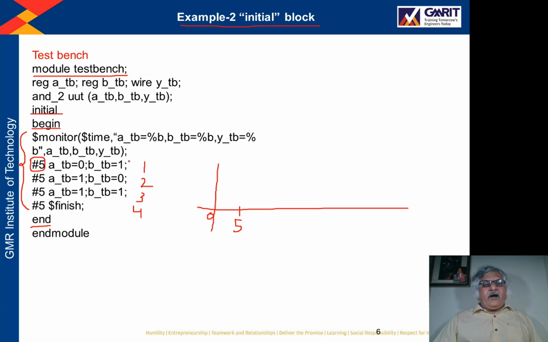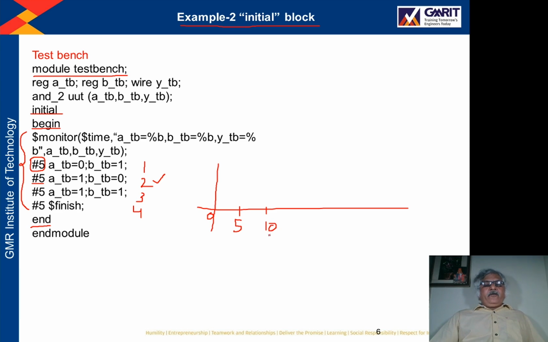Now, all these are sequential statements. So first statement 1 is executed. Once statement 1 is executed, then statement 2 will be executed. Statement 2 again has hash 5, so after 5 unit time of statement 1, which executes at 5, statement 2 executes at 10, right?